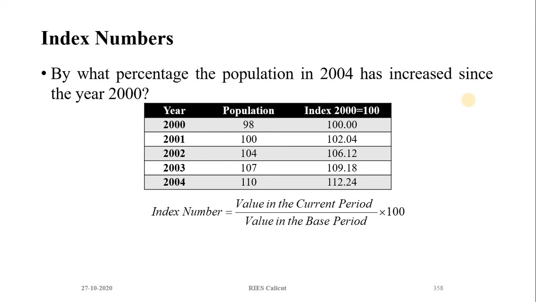We have different populations in different years: in 2000 the population was 98 crore, 2001 100 crore, 2002 104 crore, 2003 107 crores, and 2004 110 crores.